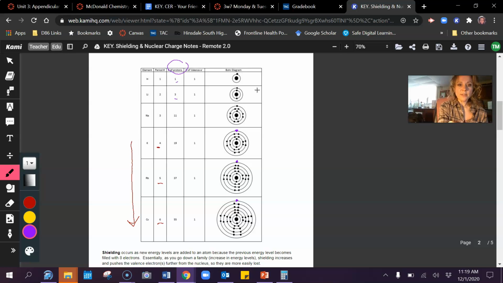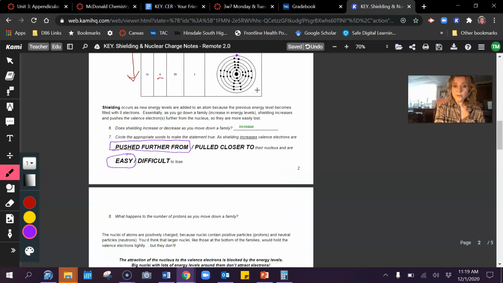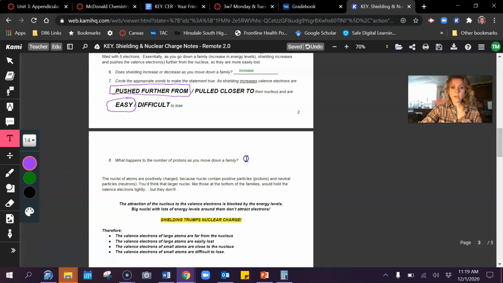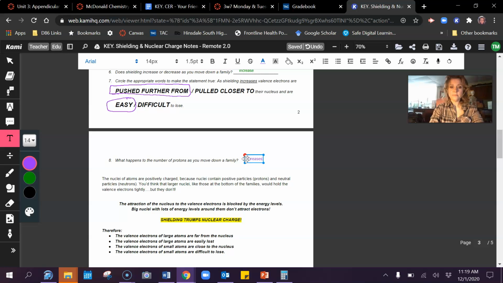Hydrogen has 1, lithium has 3, sodium has 11, and we keep increasing our atomic number. So as we go down a family, the number of protons goes up. The number of protons increases.